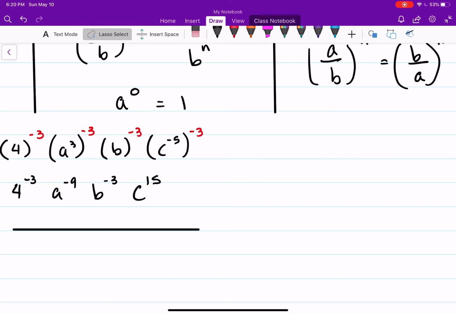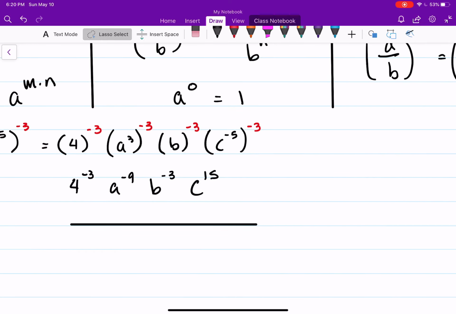But I should do it this way. Of course it would. Why wouldn't it do that?